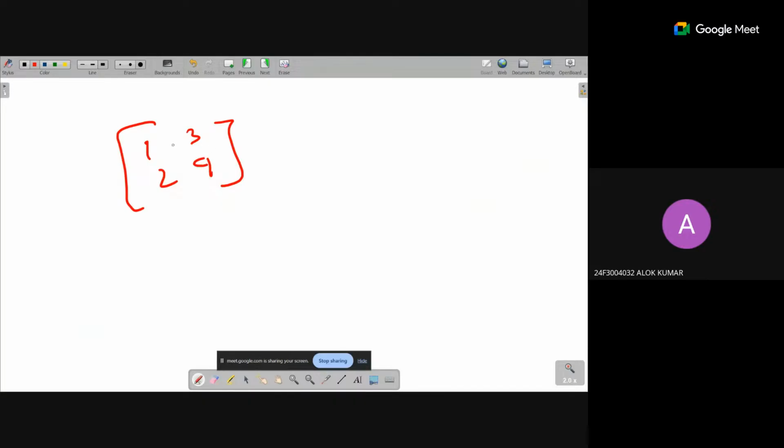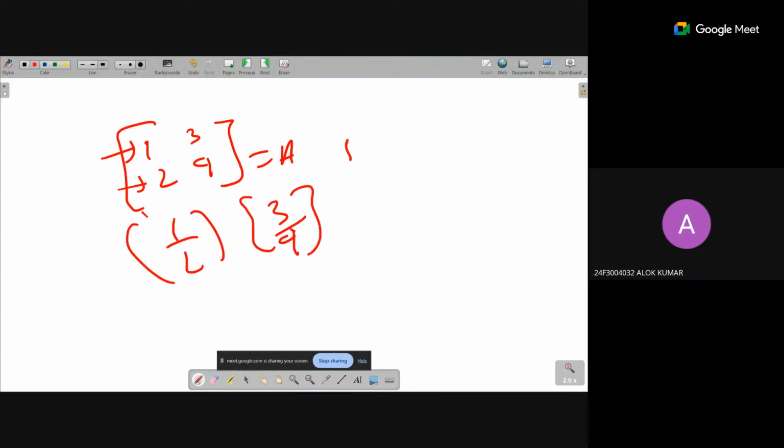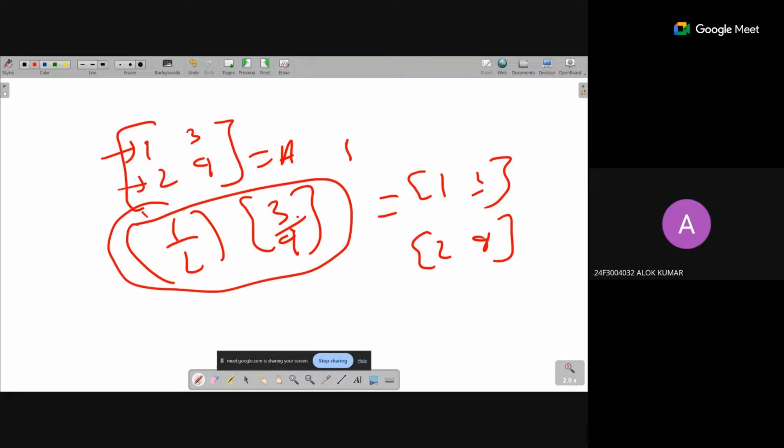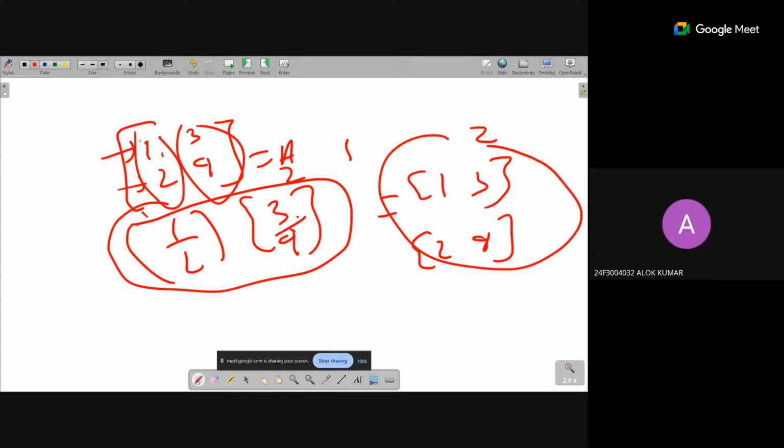The column space is spanned by 1, 3 and 2, 4, and the row space is spanned by 1, 2 and 3, 4. The dimensions of these two are equal. If one has dimension 2, the other also has dimension 2. But both span different spaces. One spans the columns, and the row space spans the rows of the matrix.